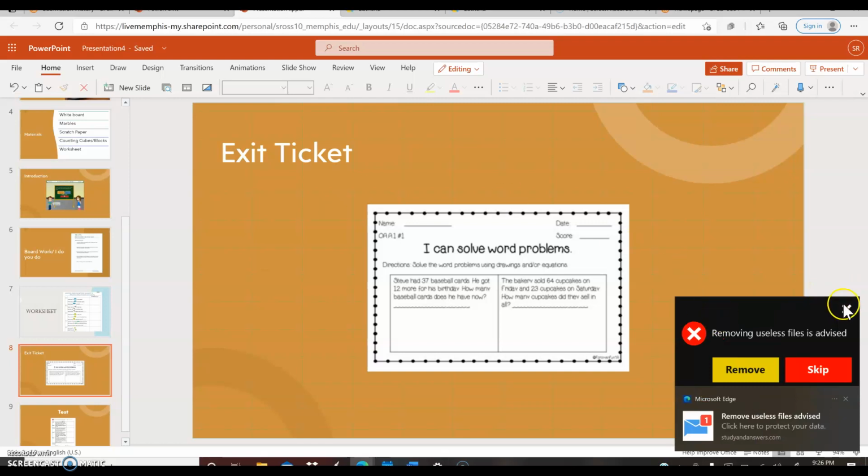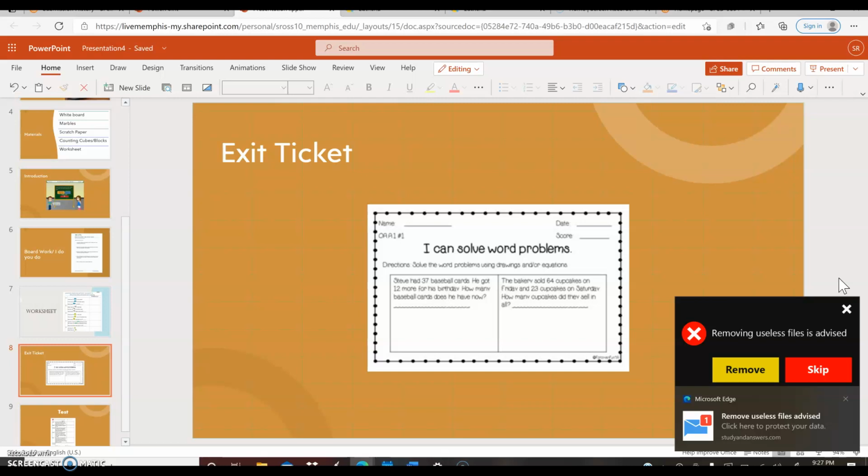As each student completes the exit ticket, they will exit the class, and this will be like an exit for recess until the students actually complete and get the assignment correct. At the end of the lesson for that day, I will stand at the door and have the students come.